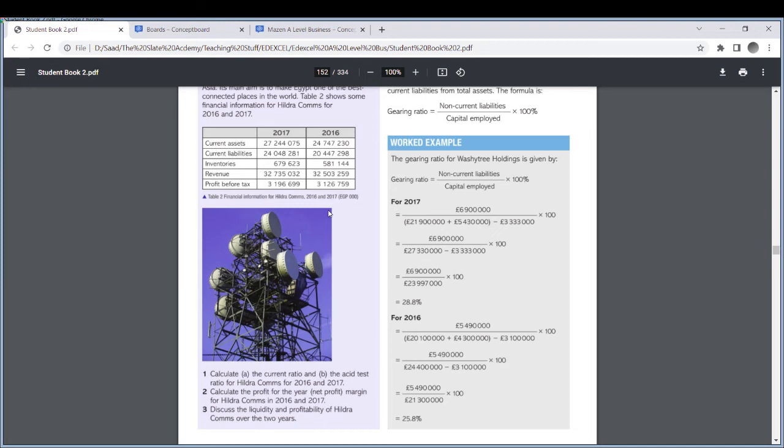Yes, sir, done. No, I'm on the second question. Sir, the equation for net profit is revenue minus the losses, right?